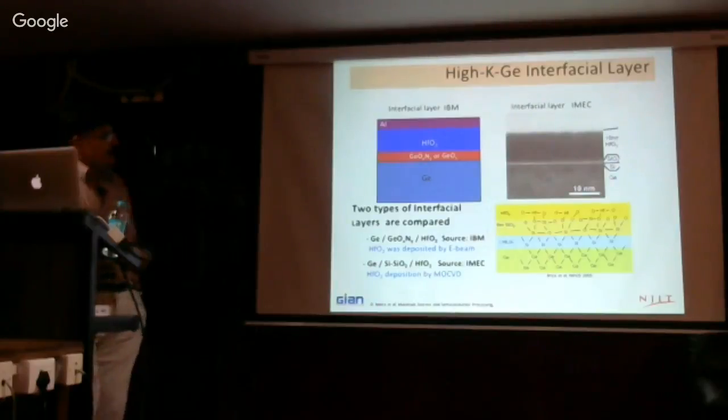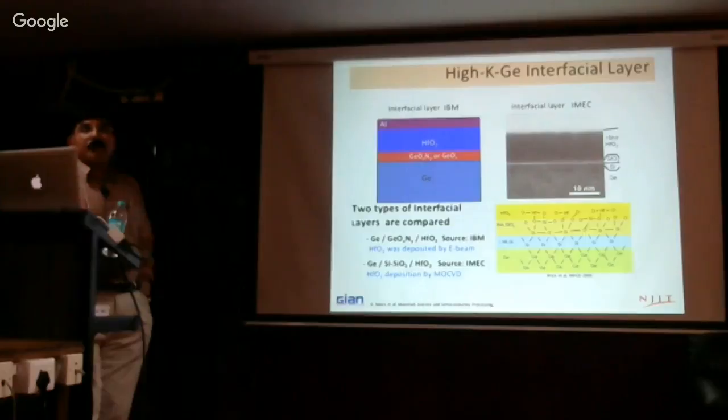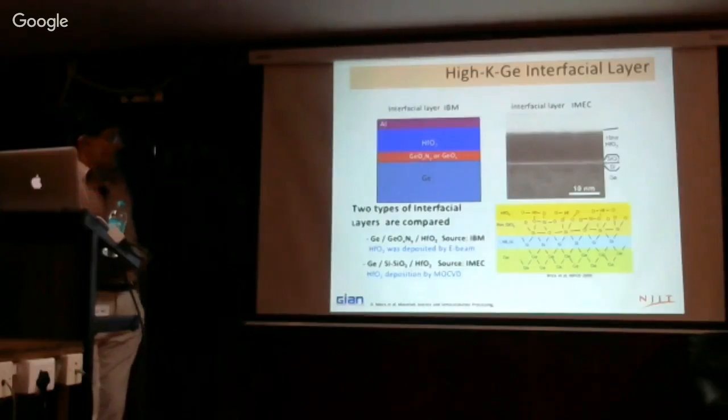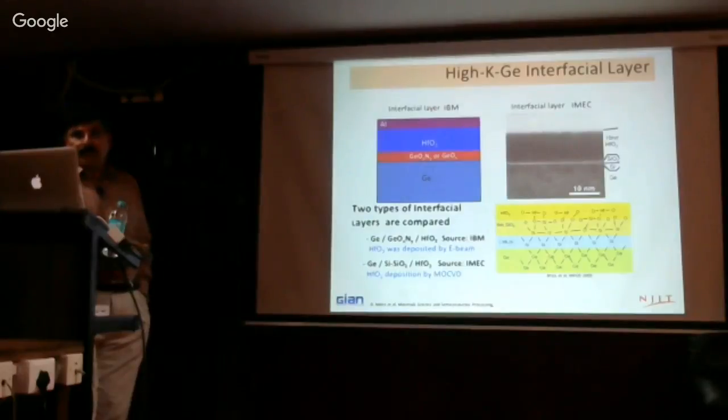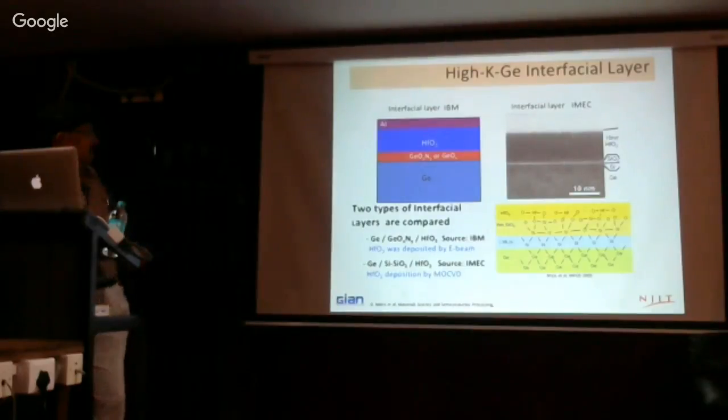But they couldn't consume the entire silicon completely. So now there is a lot of band gap variation there, because you have germanium, silicon, silicon dioxide and hafnium oxide. But they said that way we can actually get the germanium devices working, because we can still have the electron flow in the germanium channel. So this is another one.